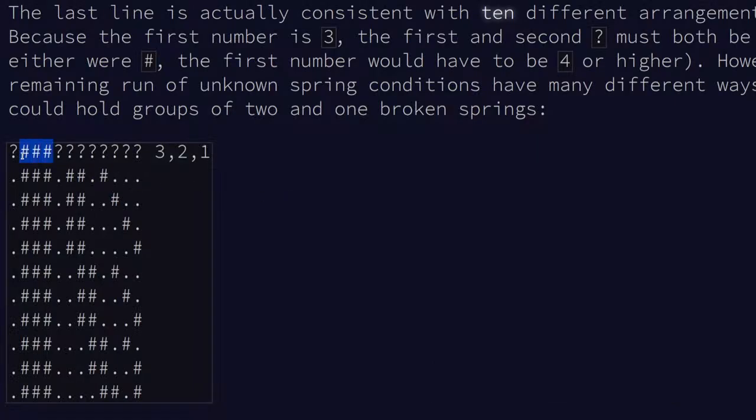Now what do we do now? We need to skip this one. It is mandatory to skip it because this cannot be again a hash from the starting position.